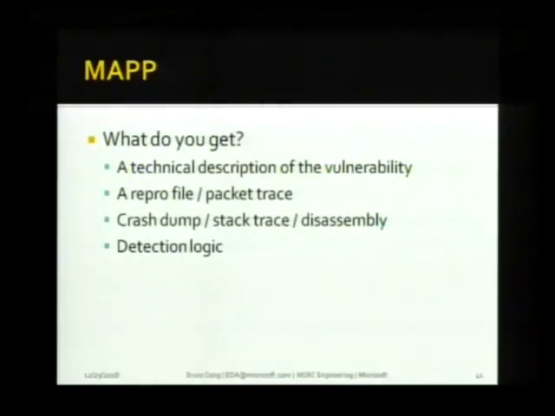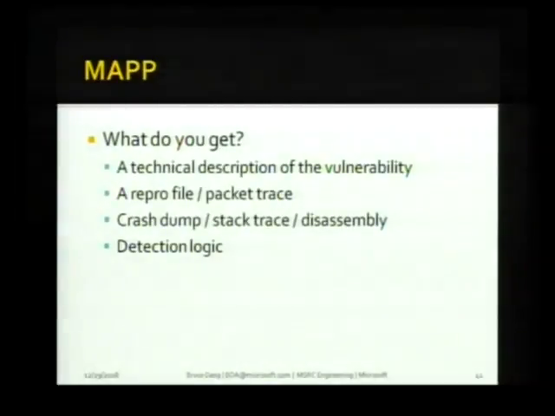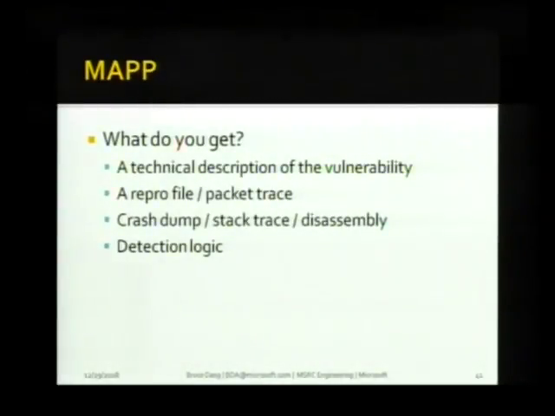I'll annotate the disassembly so that people understand what the vulnerability is. And also I'll give detection logic. Basically, it'll be a C-like program that you pass a file into, and it'll tell you whether the file is vulnerable or not. A lot of our MAPP partners take this, translate it into their own engine language because it's very C-like, and then they just deploy it.